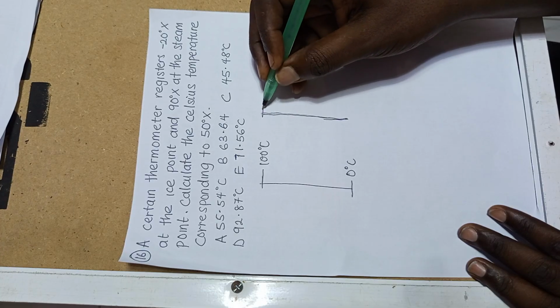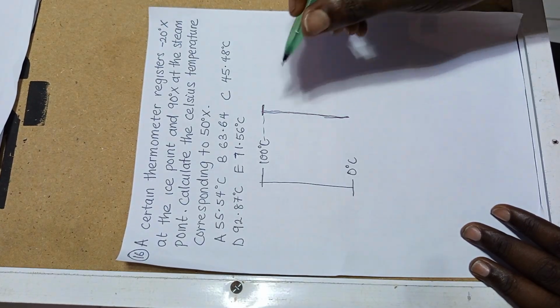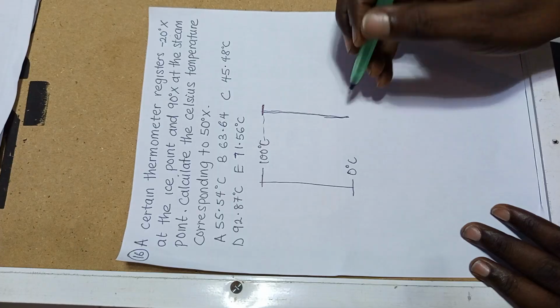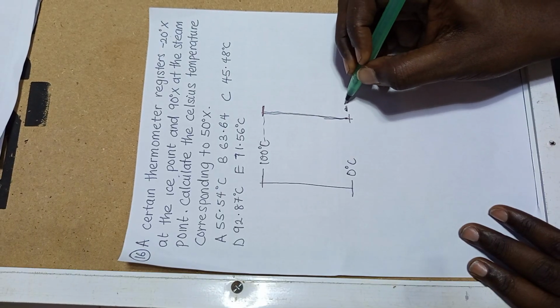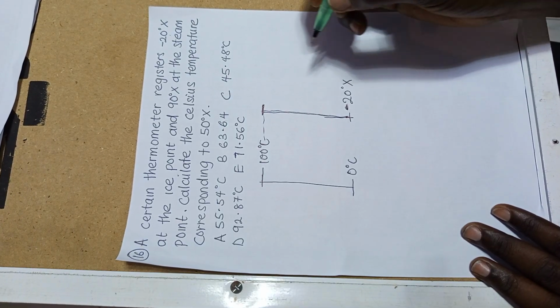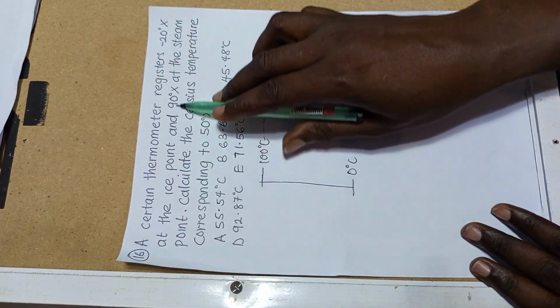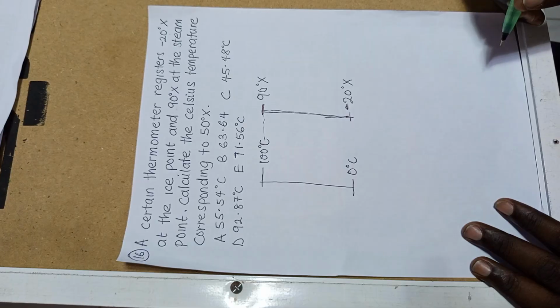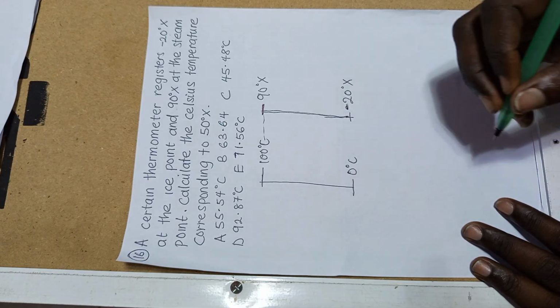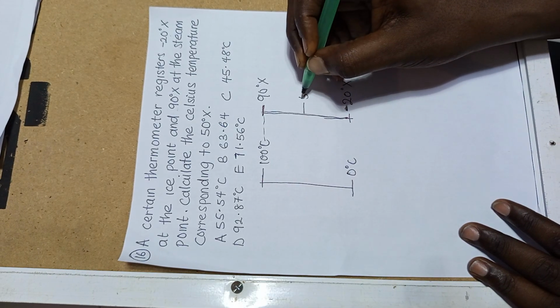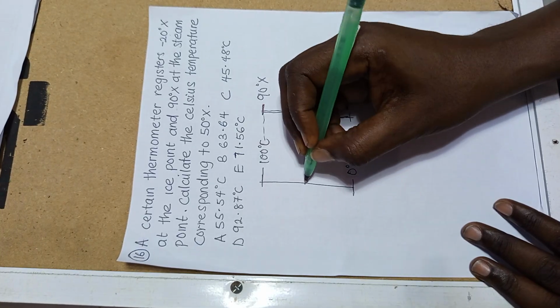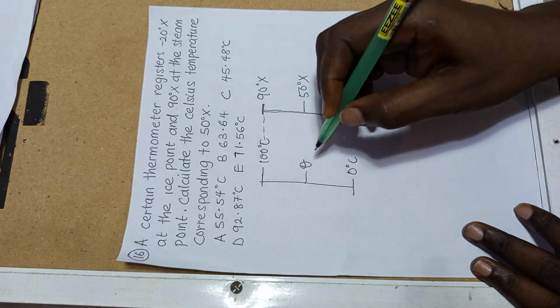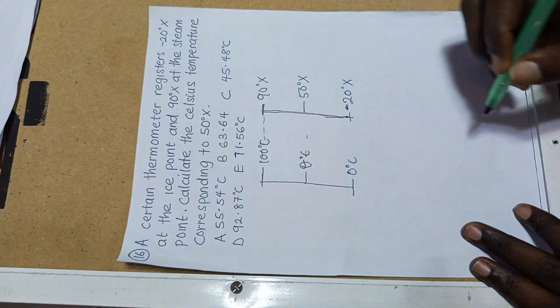They say minus 20 degrees X at the ice point and 90 degrees X at the steam point. Calculate the temperature at 50 degrees X. Call it theta in degrees Celsius.